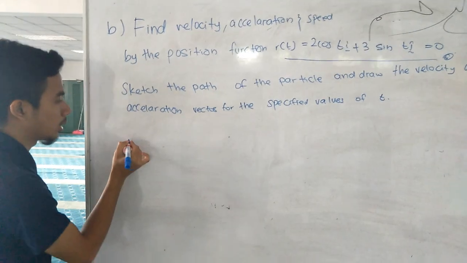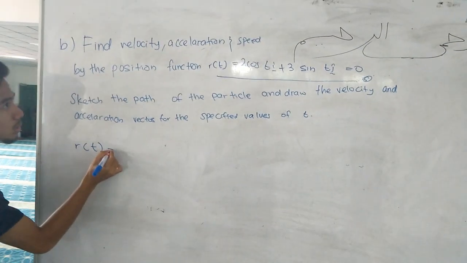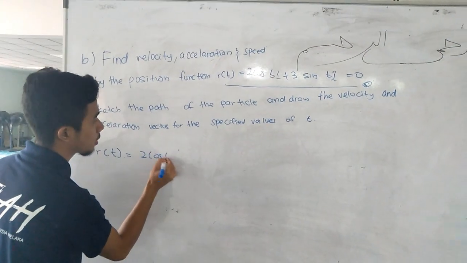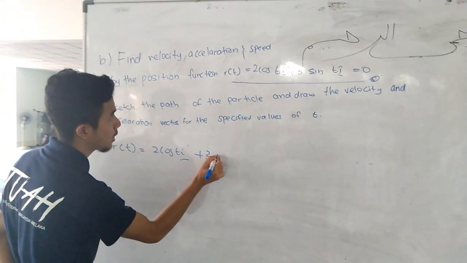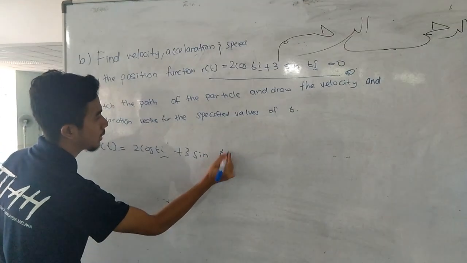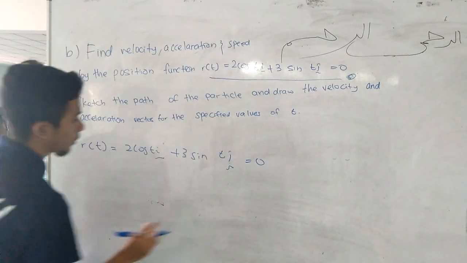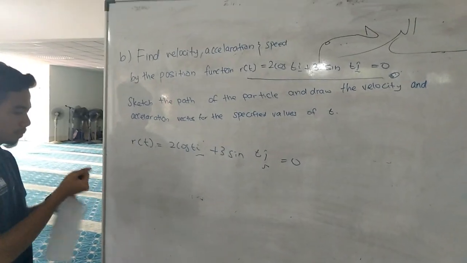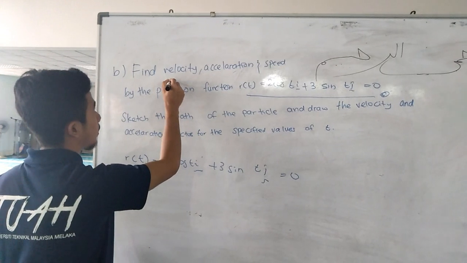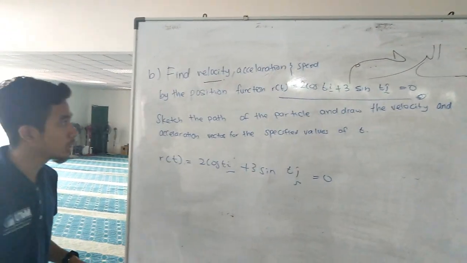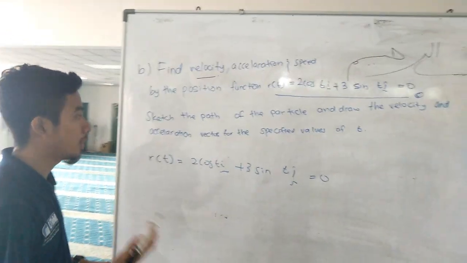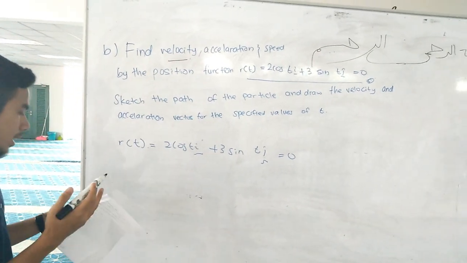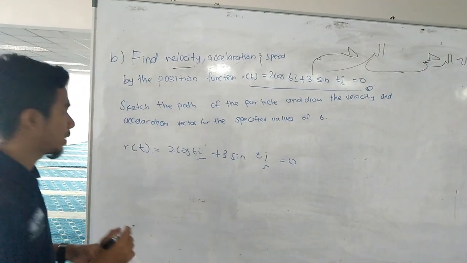I will write the equations again: 2 cos t i plus 3 sin t j plus 0 k. We'll use the black marker. The first one, you need to find the velocity. So how do you want to find the velocity? By differentiating it.